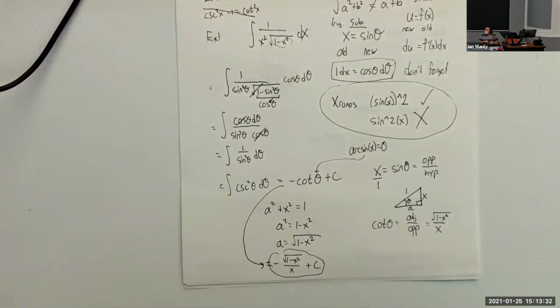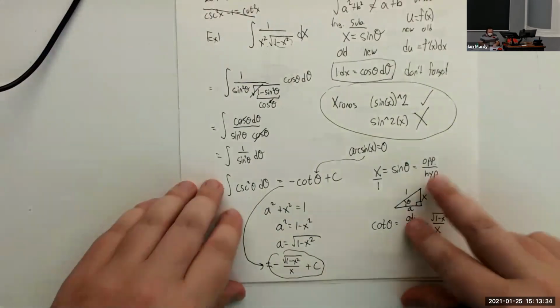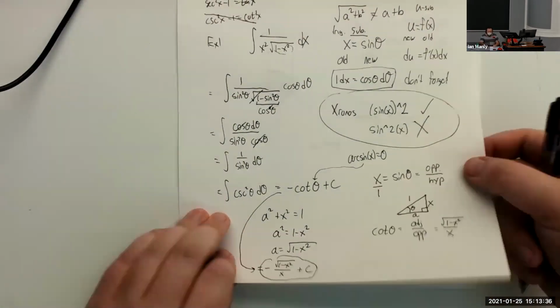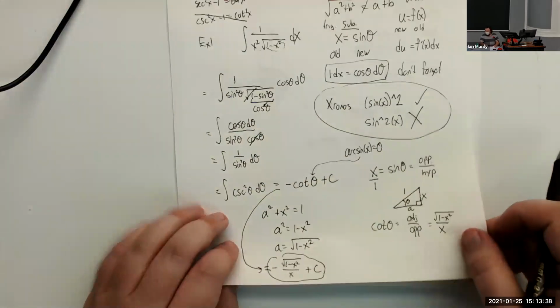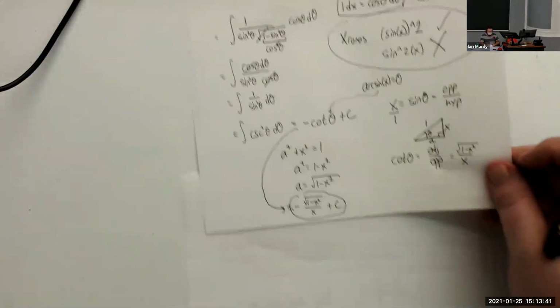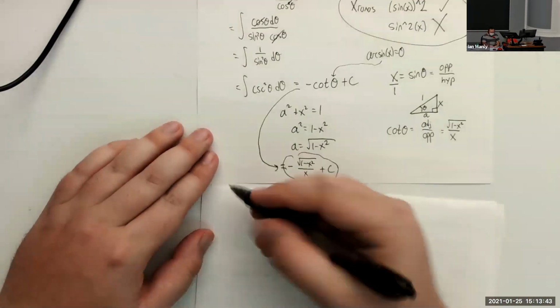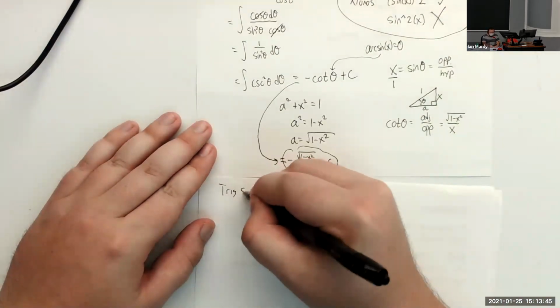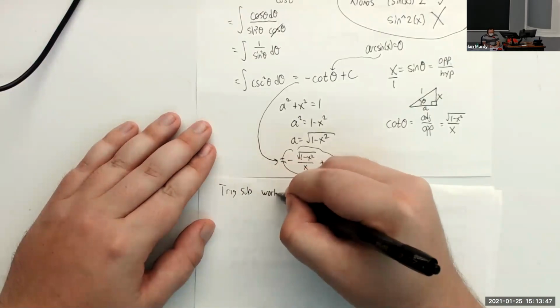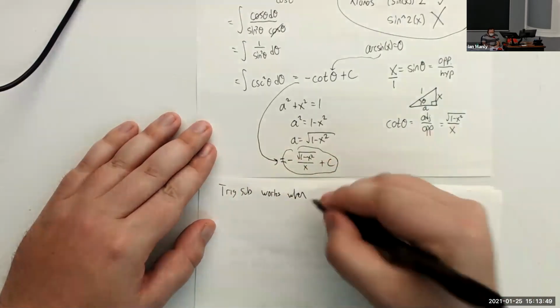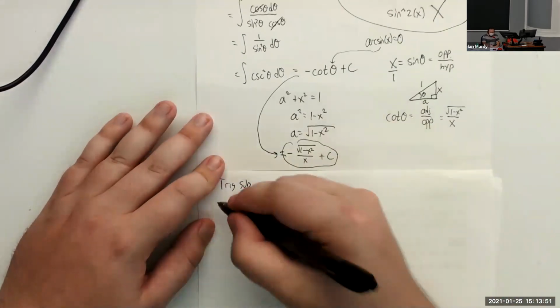How do we recognize when to do this? I'm glad you asked, because that's exactly what I'm going to talk about now. How do we know when to do this kind of bizarre and long method of doing integrals? Trig sub works when we have one of these three scenarios.